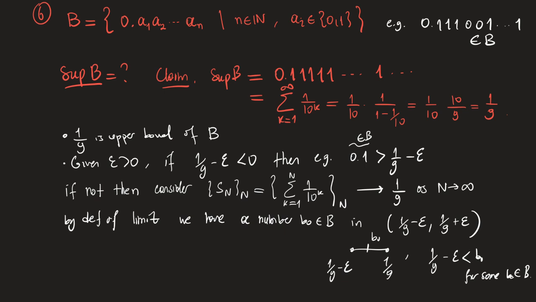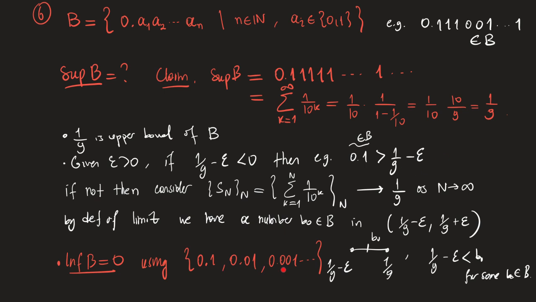Using the same idea as in the supremum, you can also show the following: the infimum of B is 0, using the sequence 0.1, 0.01, 0.001, etc. I'm using a sequence because I'm going to use the same idea.